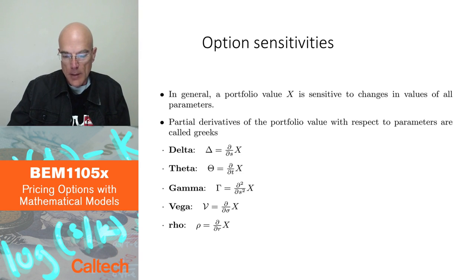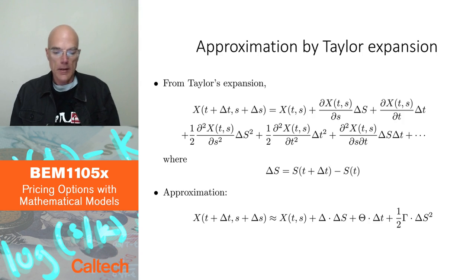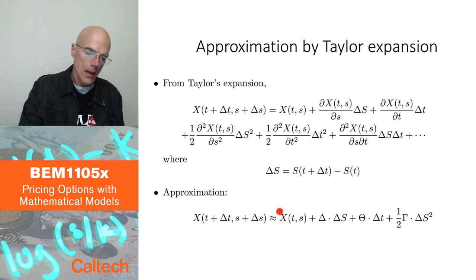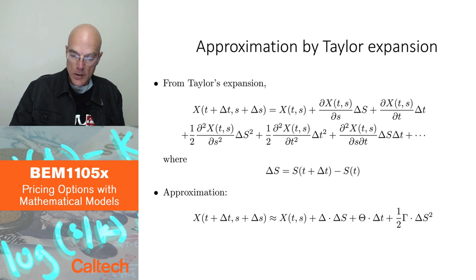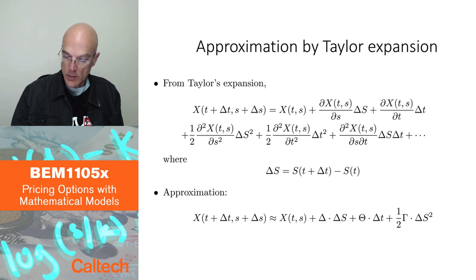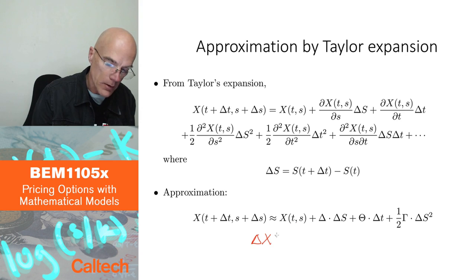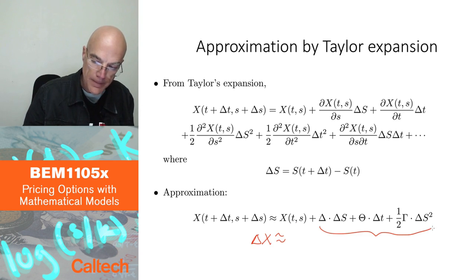Okay, so this was just terminology and notation. Let's look at what the main idea is. The main idea is really the last approximate equation here, which says that we are going to approximate the change in portfolio, because really if I move X to the other side, then I get that delta X, the change in my portfolio, is approximately this thing here.